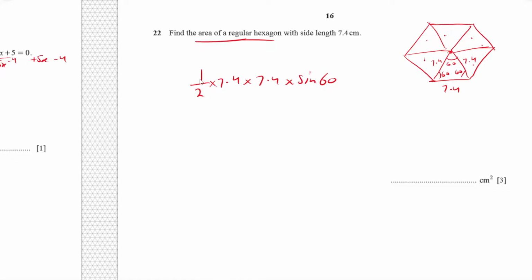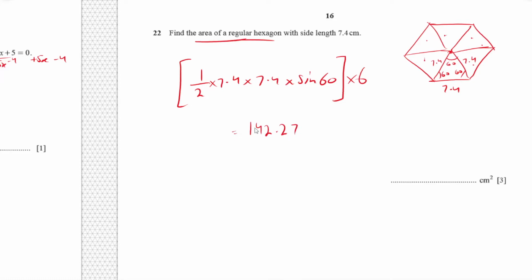Okay, let's find the value of a triangle, and actually we can write the final step as well. This is our answer. Okay, let me just put that in my calculator. Half times 7.4 times 7.4 times sine 60. That gives me 142.27.